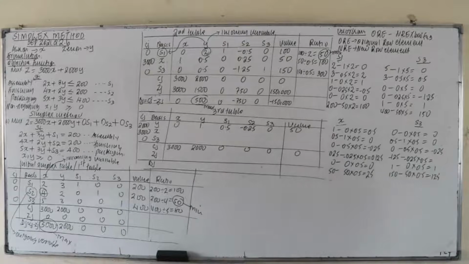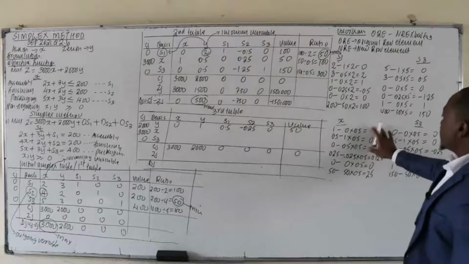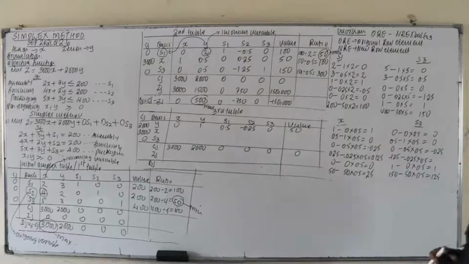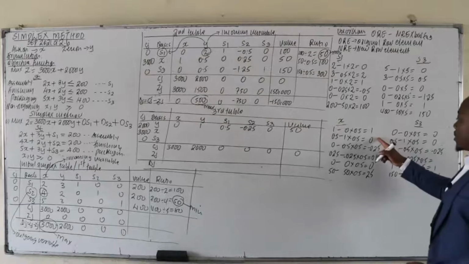How much is this? The first one for x. This one is 1, eh? Which one?